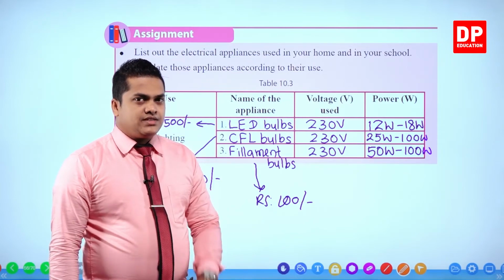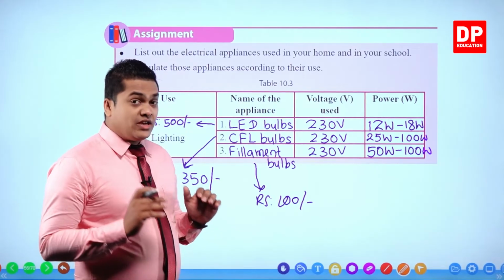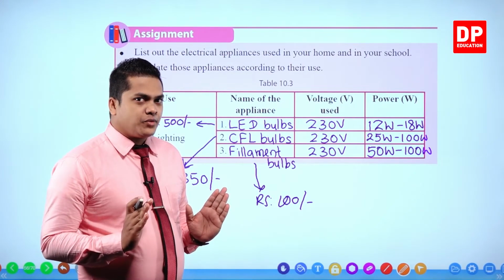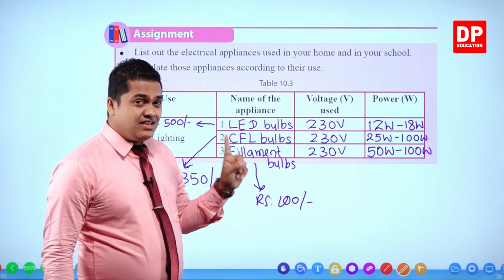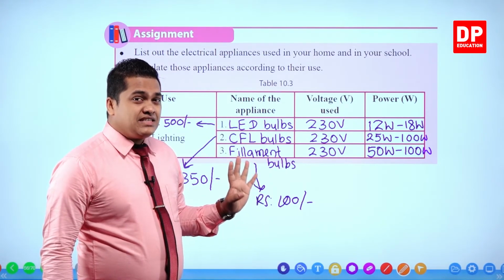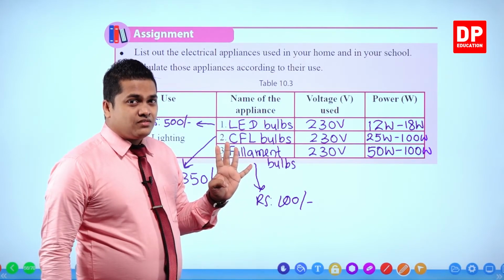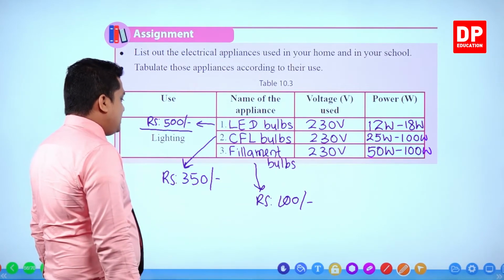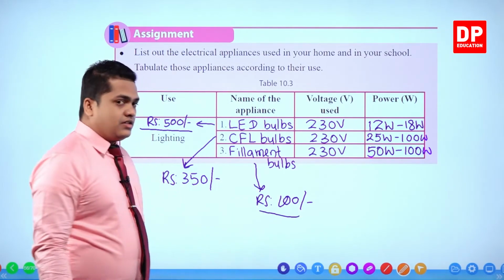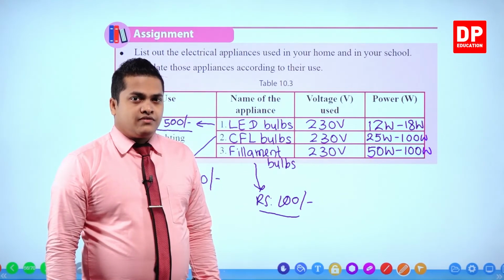And the other thing is the lifetime. My dear children, the speciality here is that the power used by one single filament bulb is equal to 4 LED bulbs. So if you are thinking only about the initial cost, then in the long run you are going to lose lots of money.